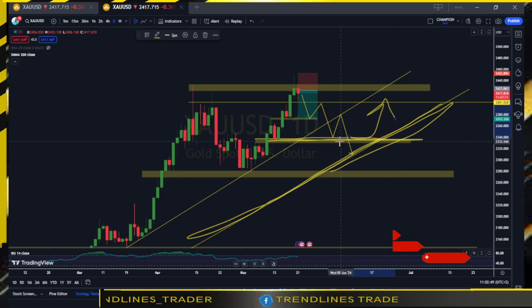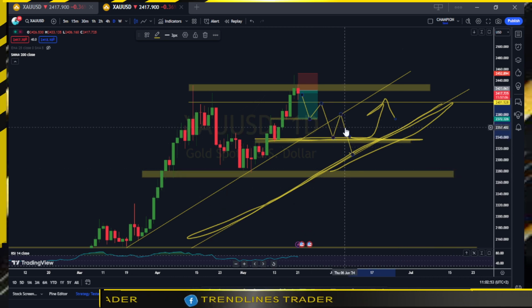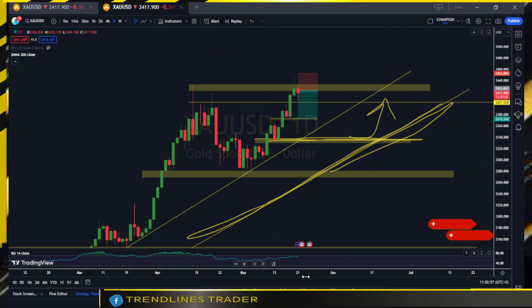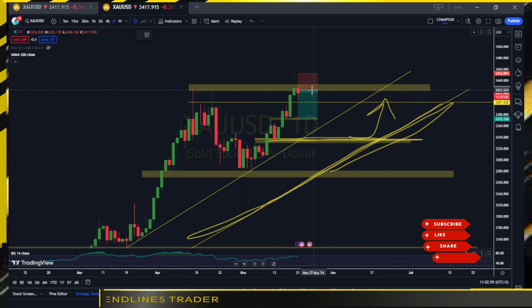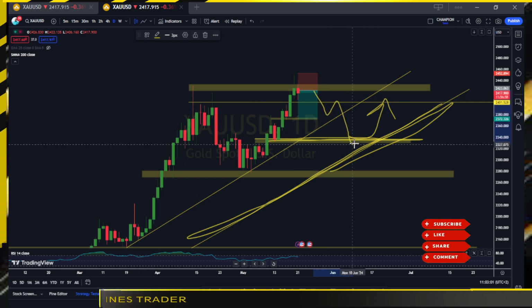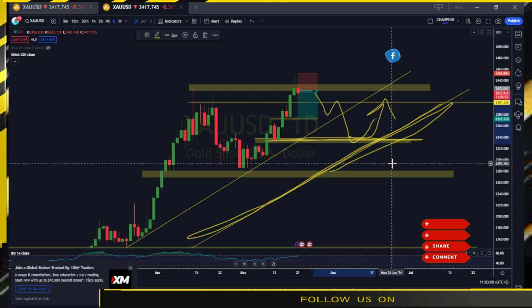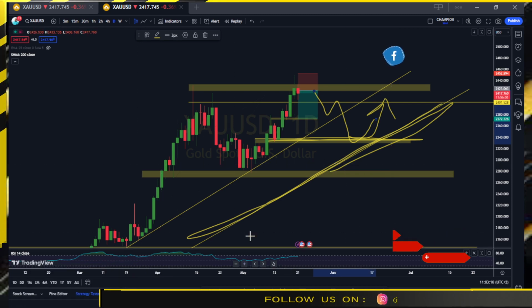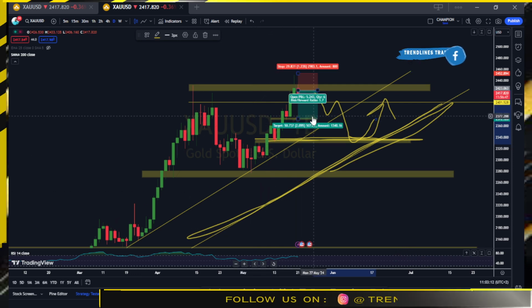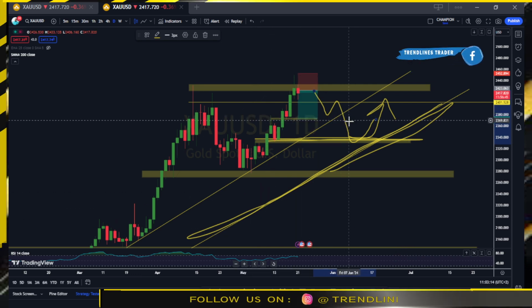If it doesn't go according to my prediction or expectation, we might have the price moving towards this direction. So this is our gold, our instrument. We were just on our daily time frame.